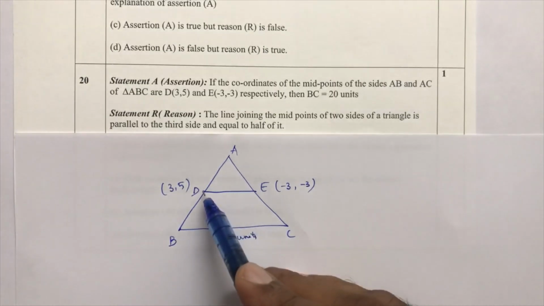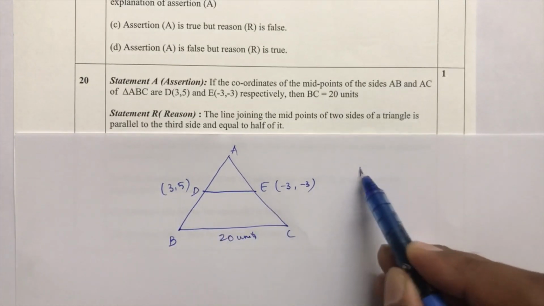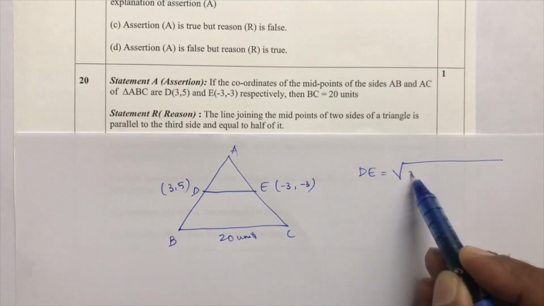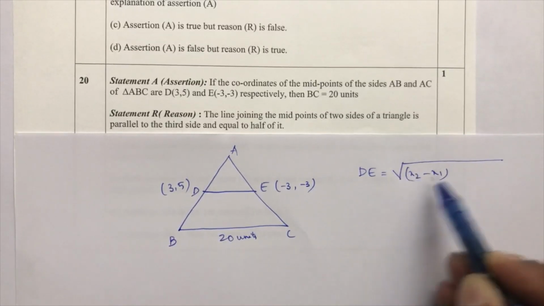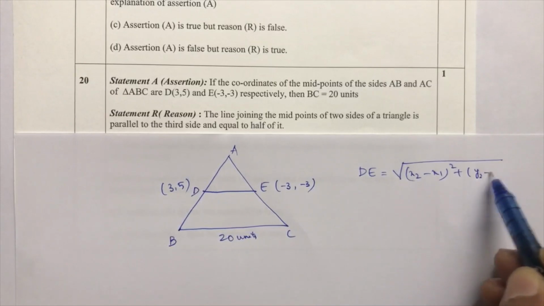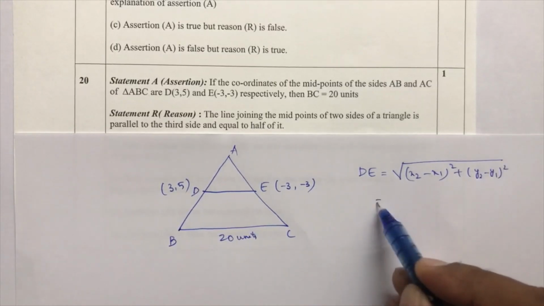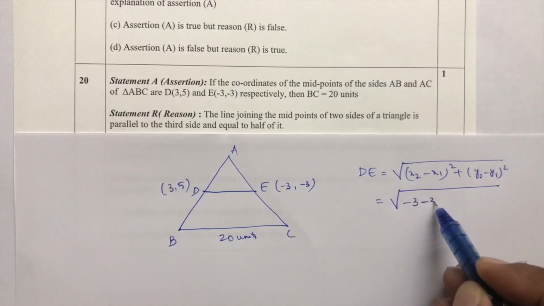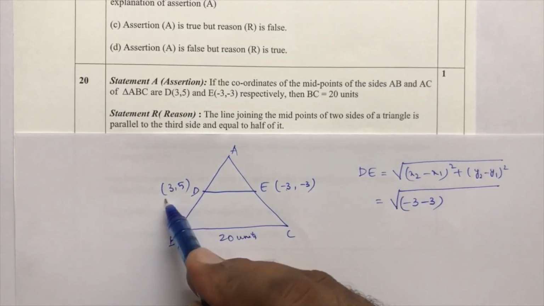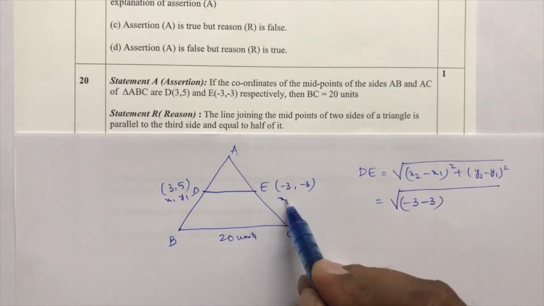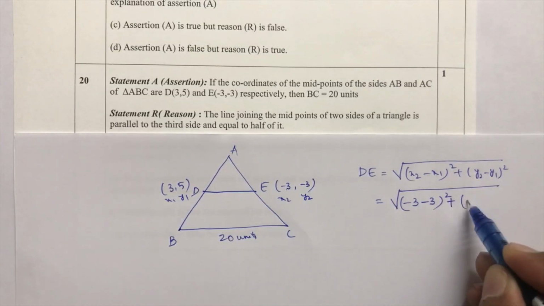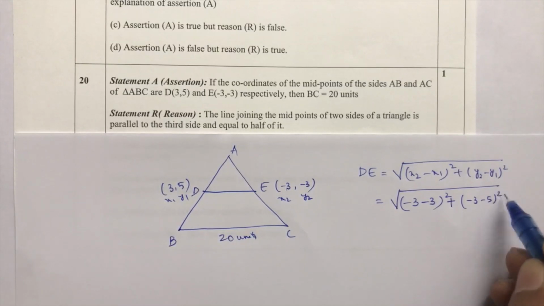As these are the midpoints, first I'll find the distance DE. Under root, x2 minus x1 whole square plus y2 minus y1 whole square. Minus 3 minus 3 whole square plus minus 3 minus 5 whole square.